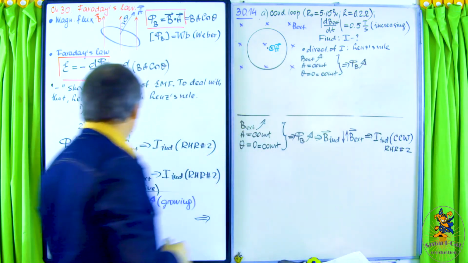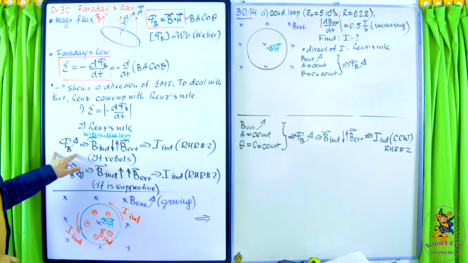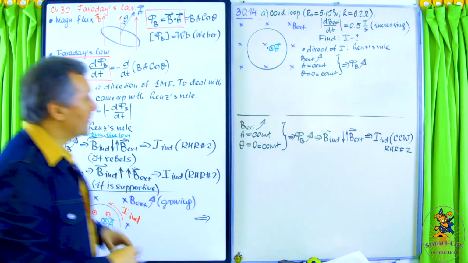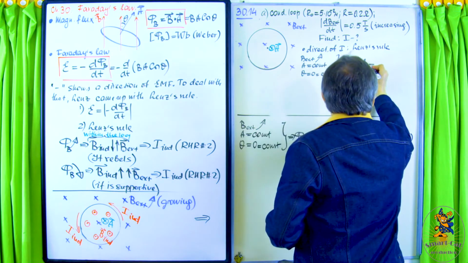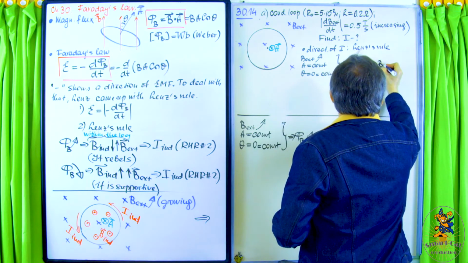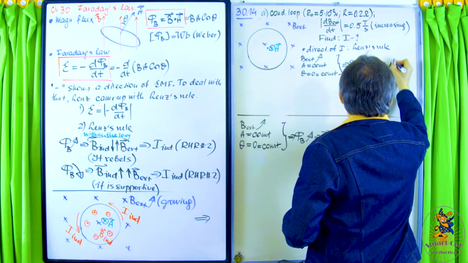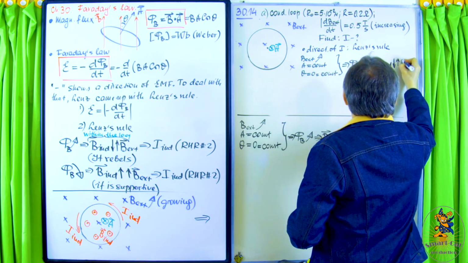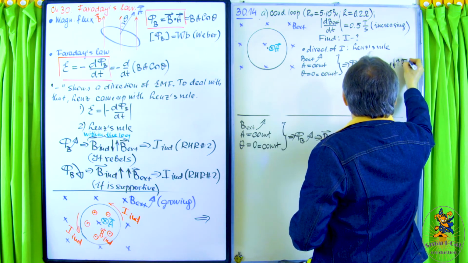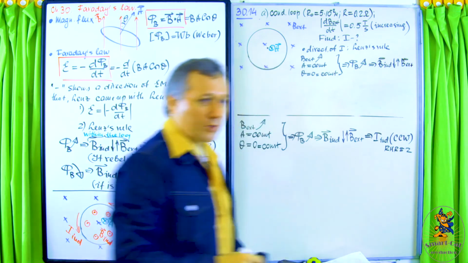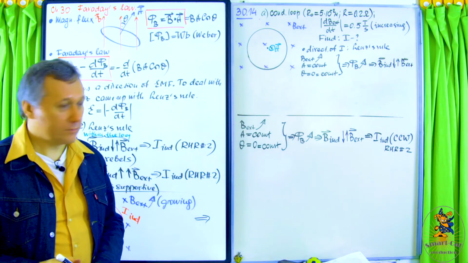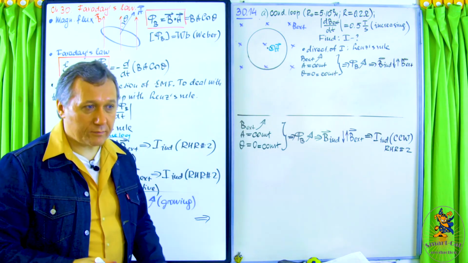So again, it immediately leads us to the first case, which we described over here. It means that B induced will be in the opposite direction to the direction of B external. So the system rebels. It means I can draw a bunch of dots.